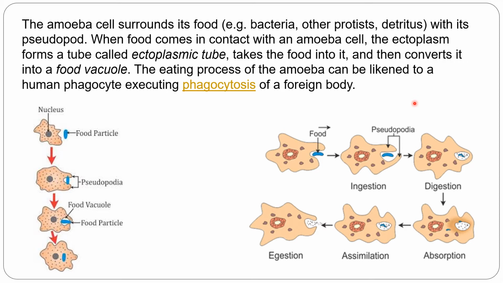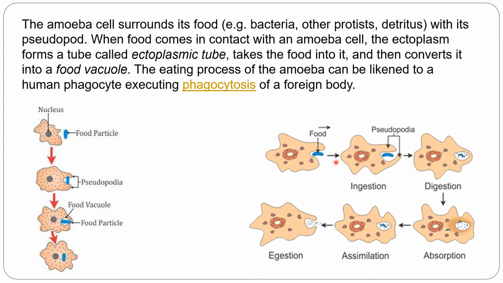Now you see the nucleus of the amoeba in this figure. When food particles come in contact, the pseudopodia come out, capture the food, and a food vacuole forms here, thus engulfing the particles.